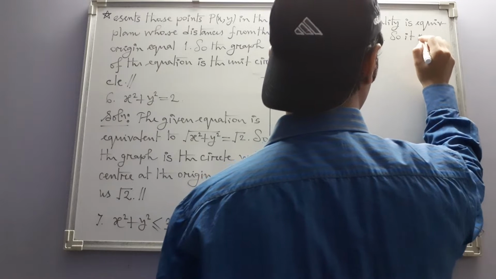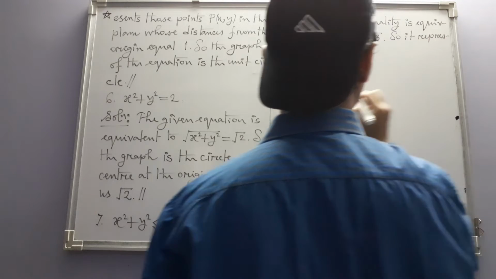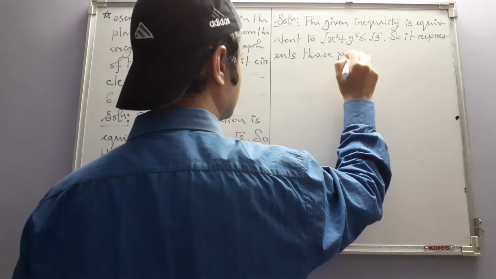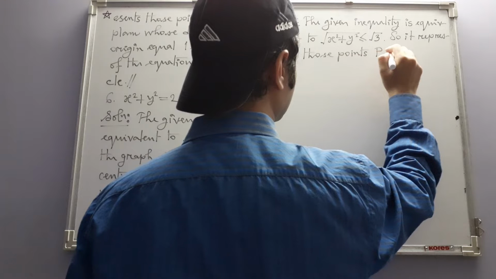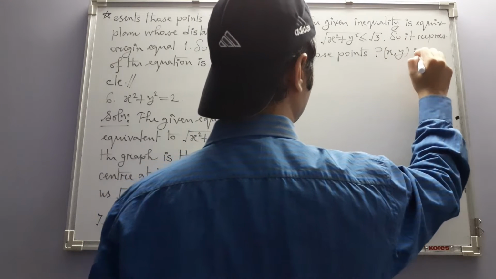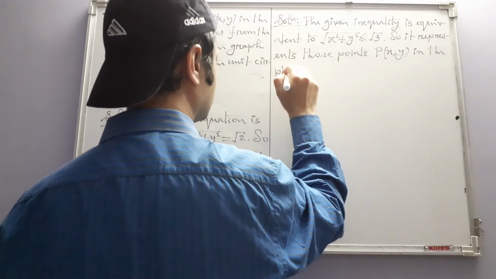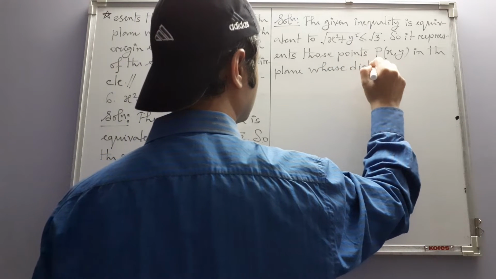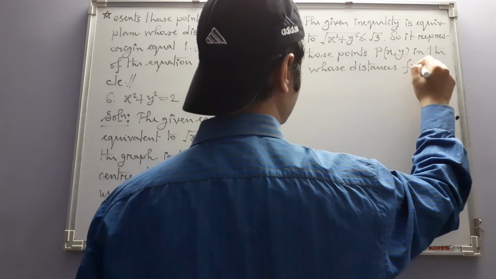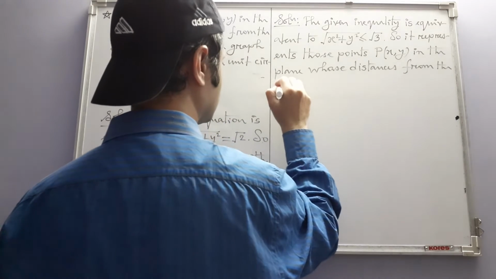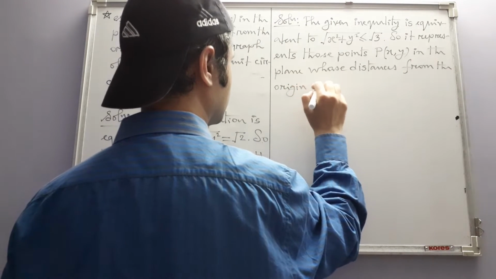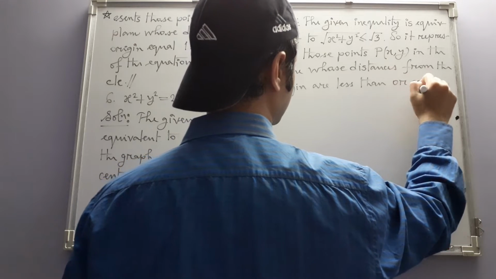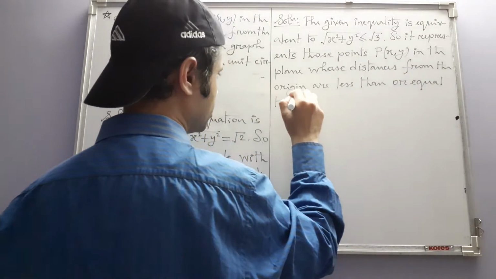So it represents those points (x, y) in the plane whose distances from the origin are less than or equal to square root of 3.